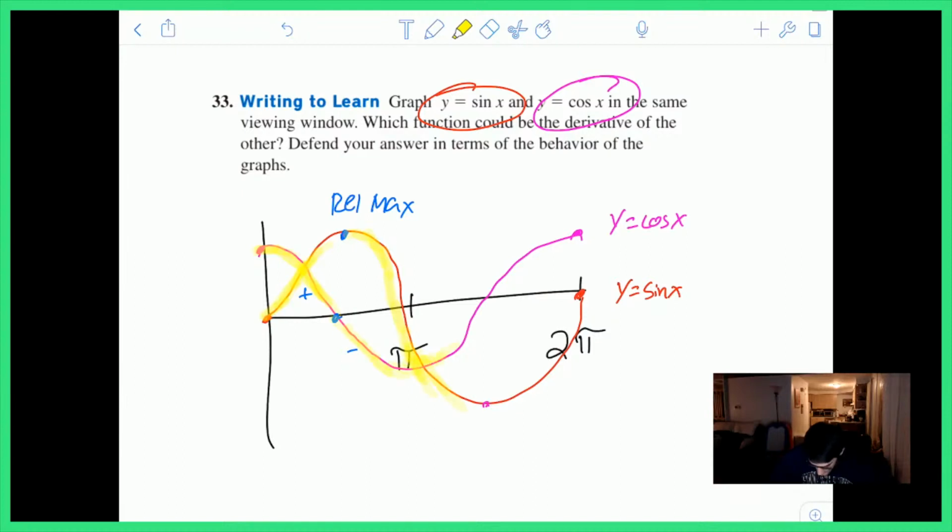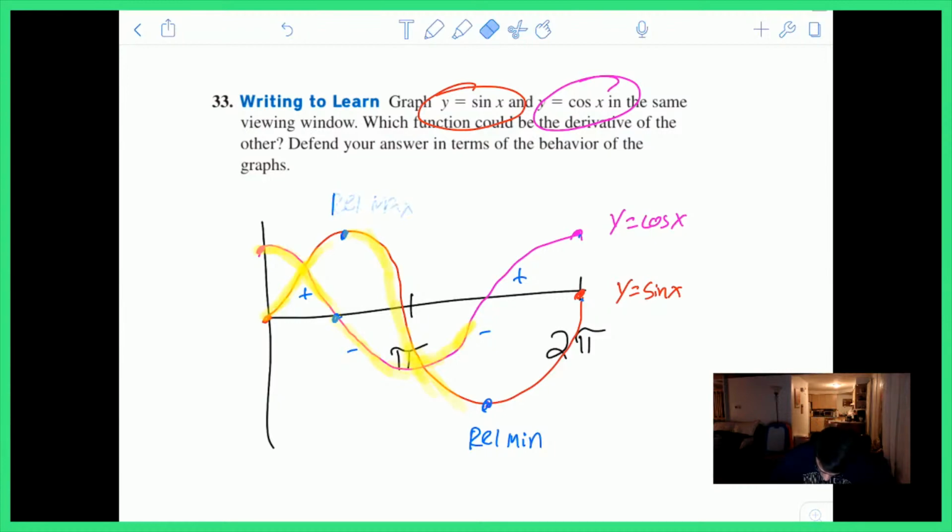This looks great so far. And then right here, we're going to have a relative min, okay? And that's going to be a change of decreasing to increasing, which hopefully our derivative will change from negative to positive, which it totally does. And then we're going to return back here to this point. So it is clear, based on our normal differentiation rules, that the derivative of sine is cosine, because that derivative graph matches up perfectly. Let's make the argument the other way.